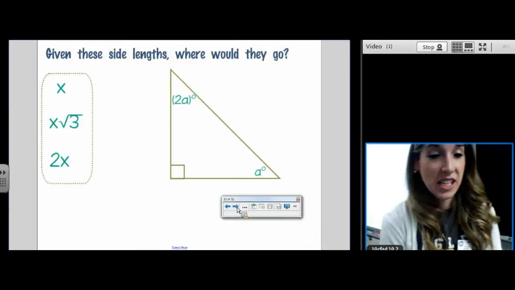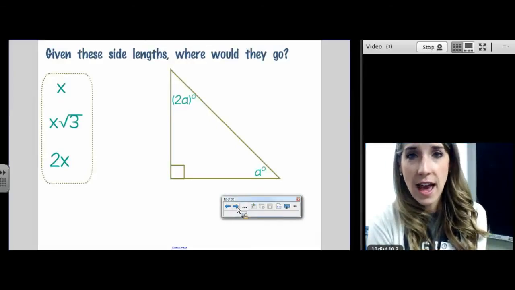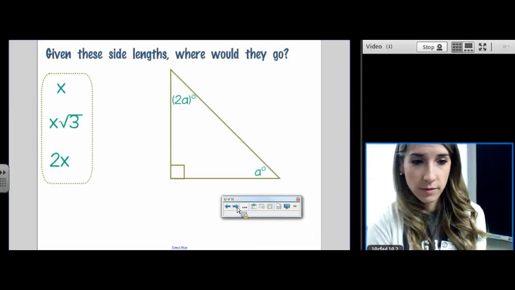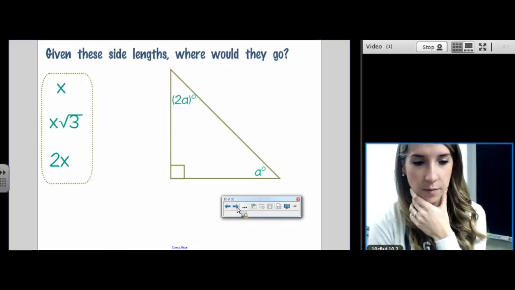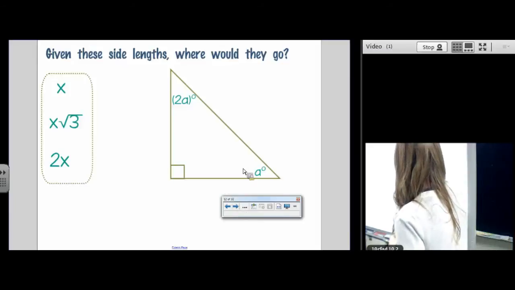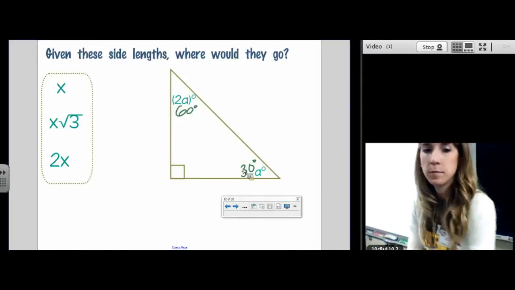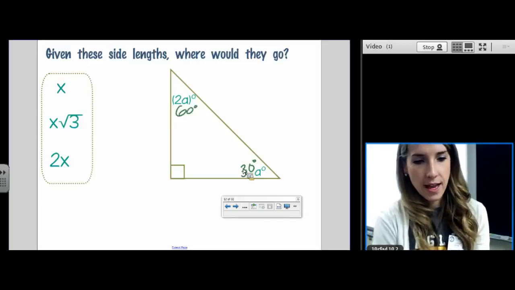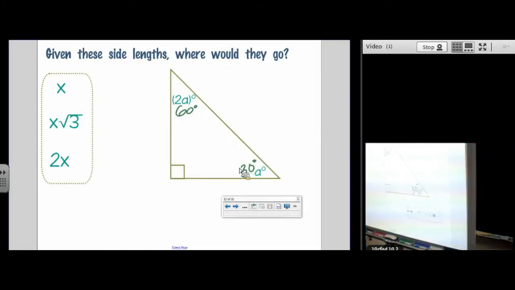Now I'm going to go ahead and just give you the rule. Here are the rules. It's not x root 2. It's a new rule. Can you kind of visualize where those side lengths would go? I'll put the angles back on. If those are side lengths, think about where they would go on our picture.